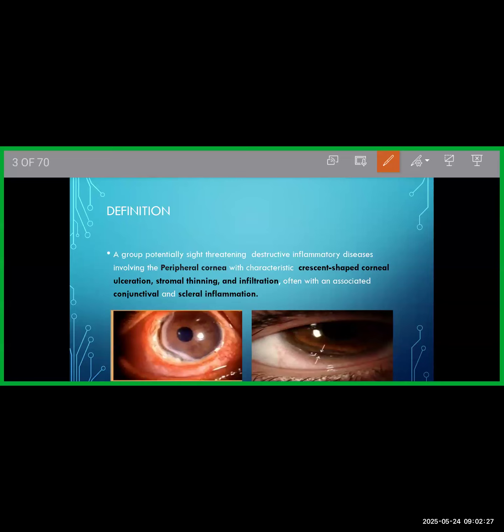Just as the name implies, it's an ulceration that involves the peripheral cornea. So it takes the crescent shape of the cornea, and it's characterized by progressive stromal thinning.